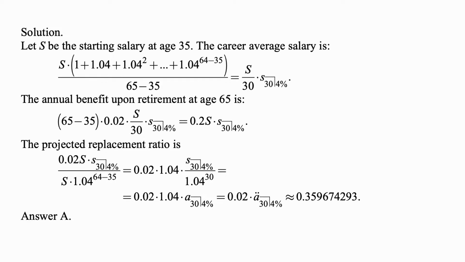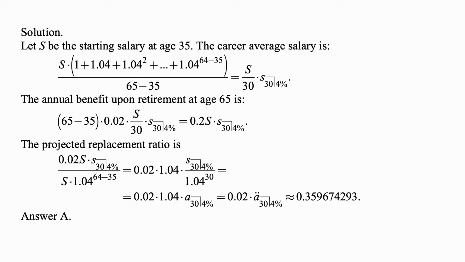And here's the solution. So let us write S for the starting salary at age 35. Then the career average salary, which we need to calculate the benefit, will be a sum of all salaries. So initial salary in the first year is S multiplied by 1.